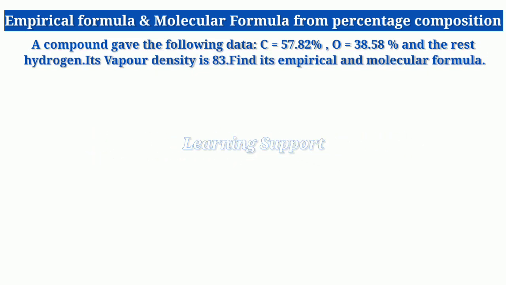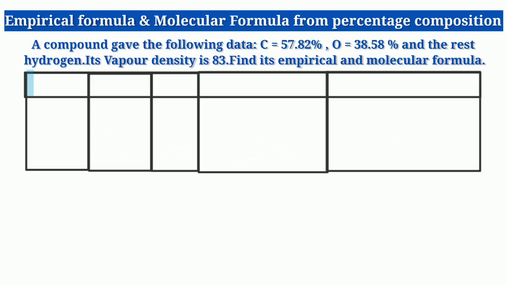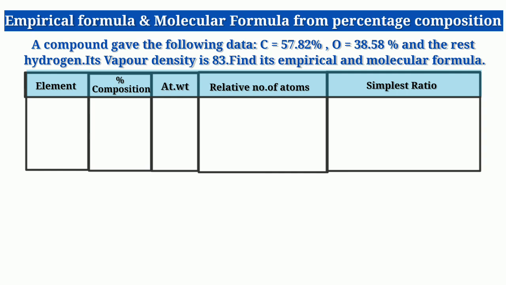Let us make one table and give heading to each column. First column has element, second percentage composition, third atomic weight, fourth relative number of atoms, and fifth one is simplest ratio. First step is to use the information given in the question and fill first 3 columns of the table.